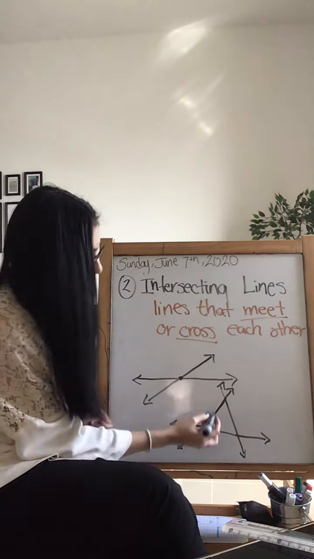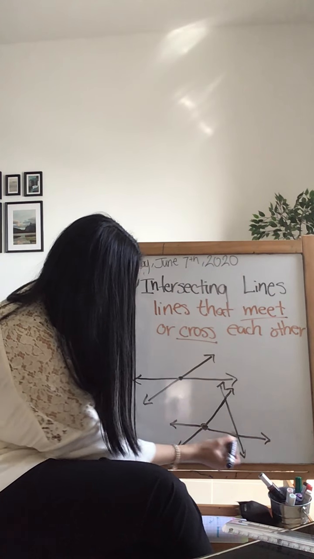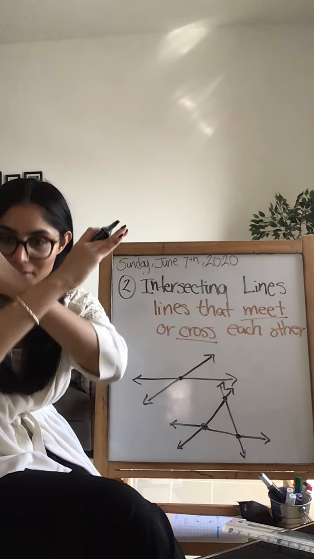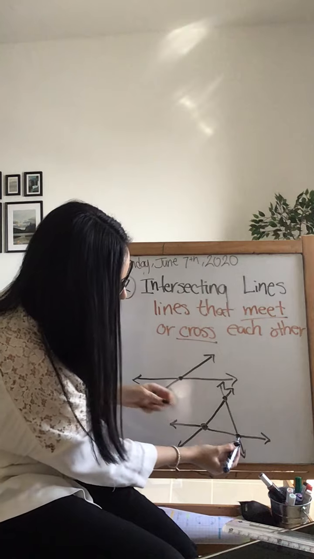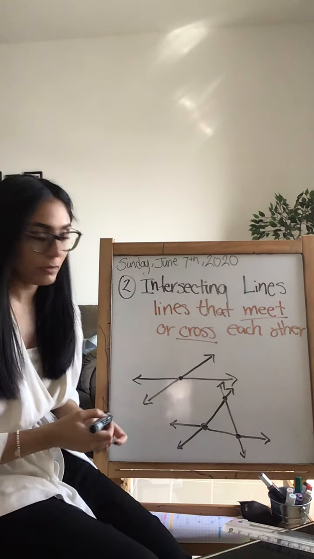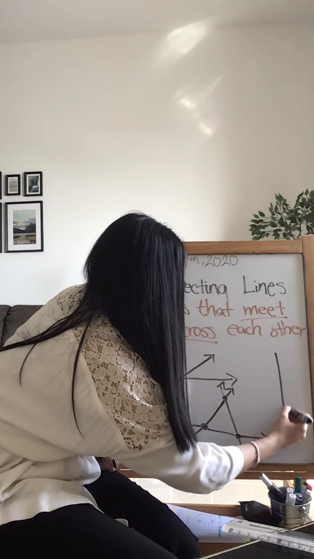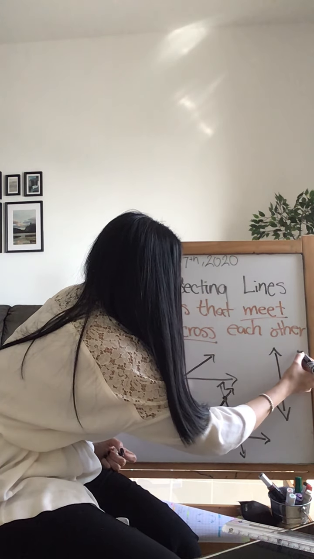So anywhere that two lines crossed is your intersecting lines, okay? So this point, for example, is when these two lines crossed, right? Again, anywhere two lines cross. I think that's usually always the easiest one to look at, right?